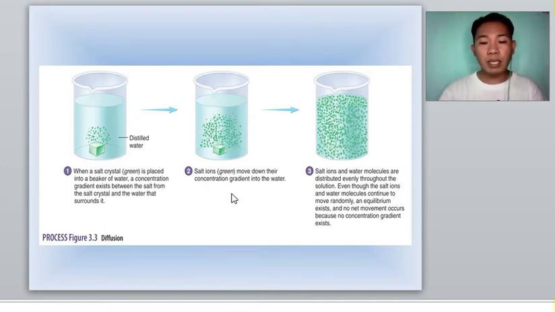In a few minutes, the salt ions, colored green, move down their concentration gradient into the water. Later on, salt ions and water molecules are distributed evenly throughout the solution, even though the salt ions and water molecules continue to move randomly. An equilibrium exists and no net movement occurs because no concentration gradient exists.